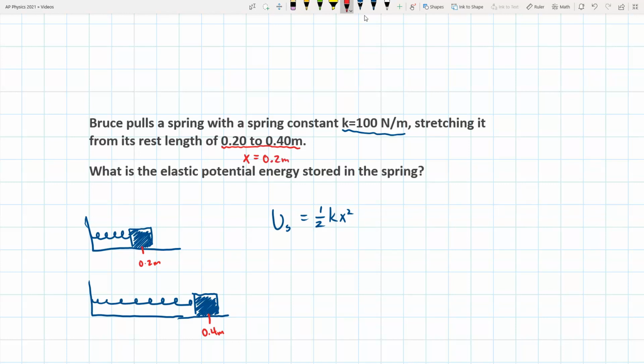It's how much it stretches between those two, right? So let's plug those in. 1/2 times k, which we said was 100 newtons per meter, times x squared, which gives me 0.2 meters squared.